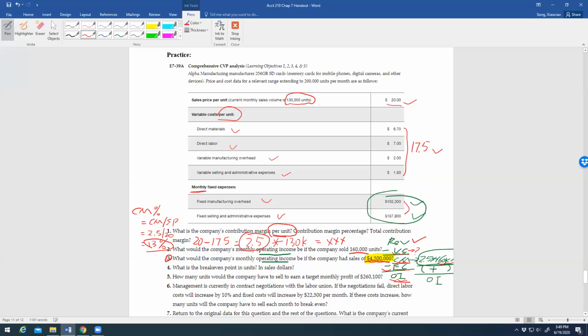Make sure you know one common mistake students have is they feel like, no matter how many units are sold, the total variable cost is the same. That's the wrong statement. Your total variable cost changes with the change of your volume.